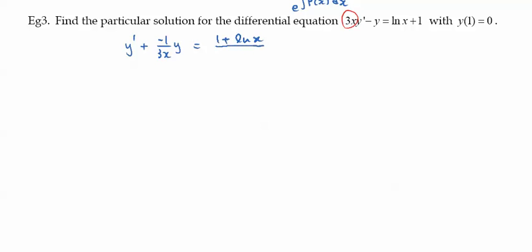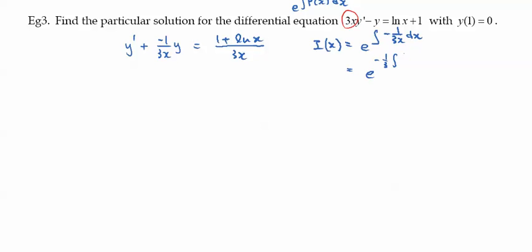Put it this way to avoid any confusion. And now I can find the integrating factor by using e to the power of this, -1 over 3x dx.